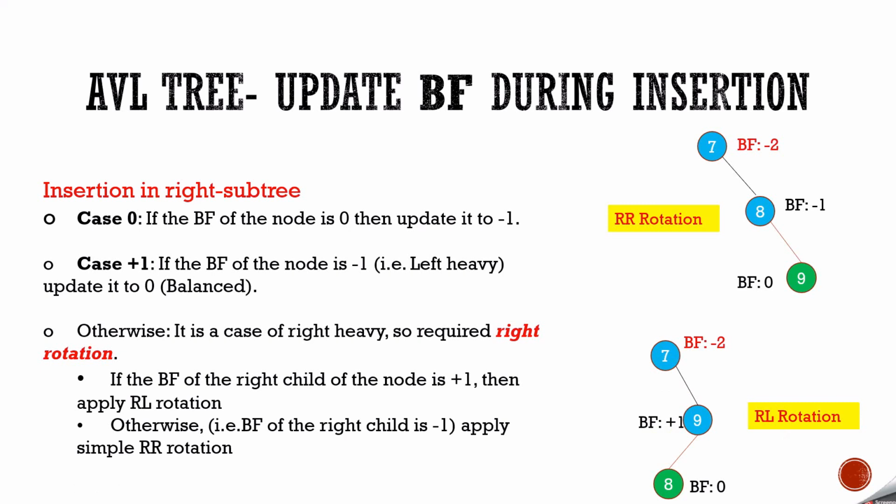So the first one is RR rotation. If the balancing factor for that child attains -1, and in case of the child's balancing factor +1, in that case I am going to apply RL rotation.